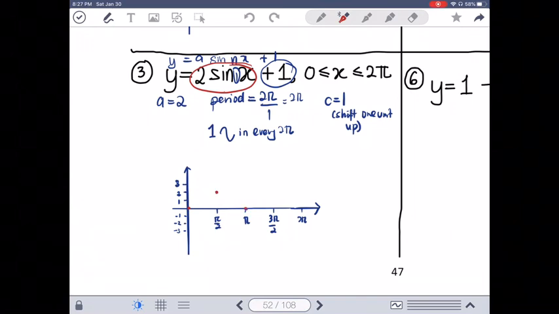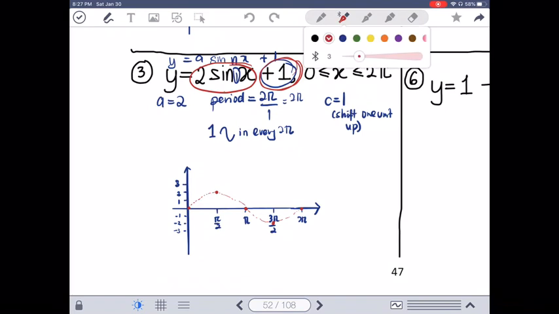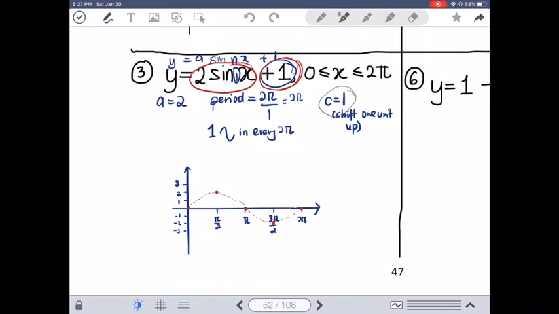So there is only one cycle in every 2 pi. Okay, this is just a rough drawing. And then we are going to shift 1 unit upwards since our value of c is equal to 1.